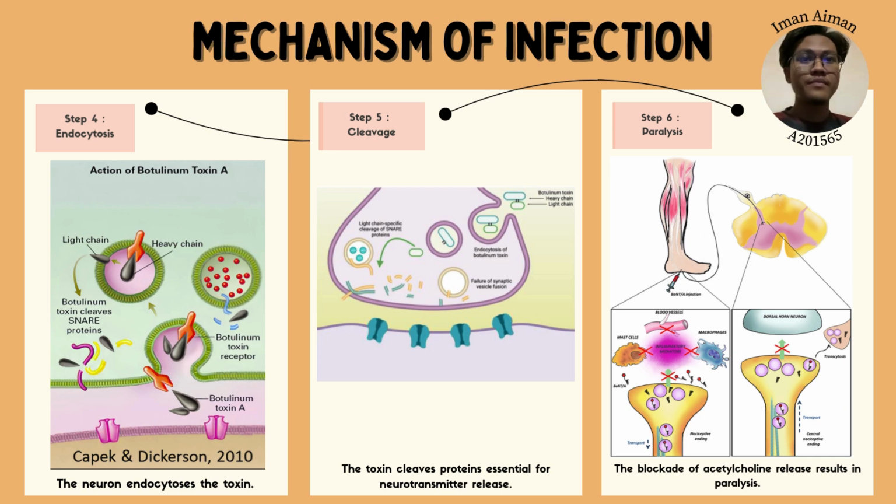Without acetylcholine, nerve signals cannot reach the muscles, leading to paralysis. This paralysis begins with weakness in muscles controlling the face, speech, and swallowing, and can progress to affect breathing muscles, causing life-threatening respiratory failure if untreated.